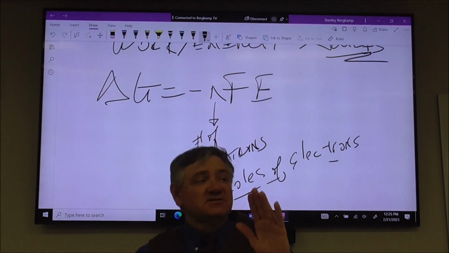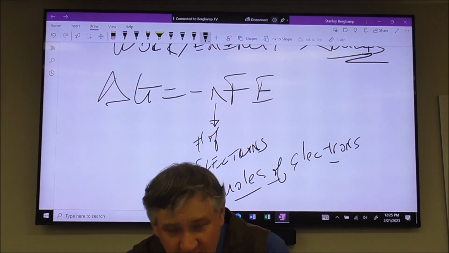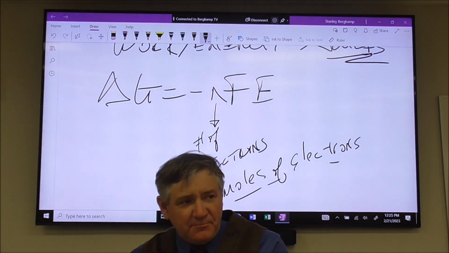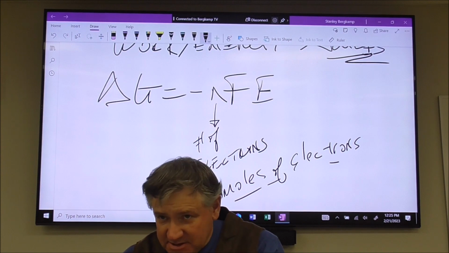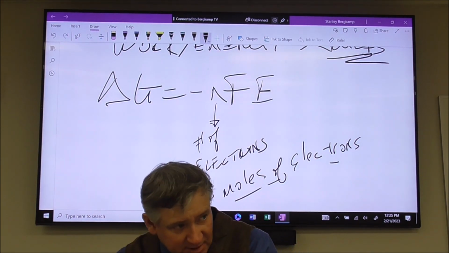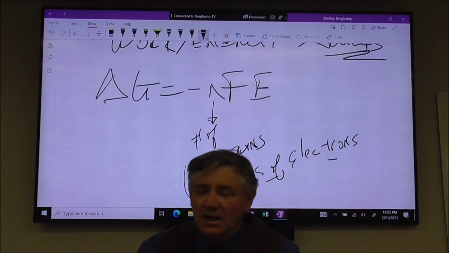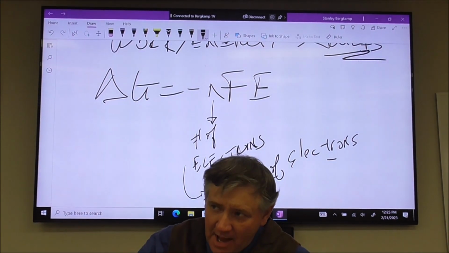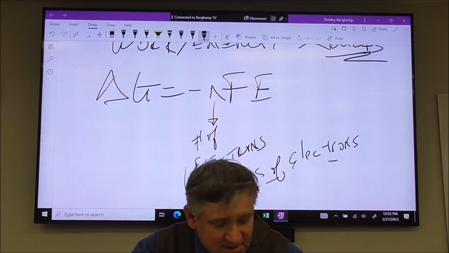And that has to come, listen to me, from the balanced redox reactions. So this is going to be the number of electrons lost, number of electrons gained. It has to be the balanced half reactions.